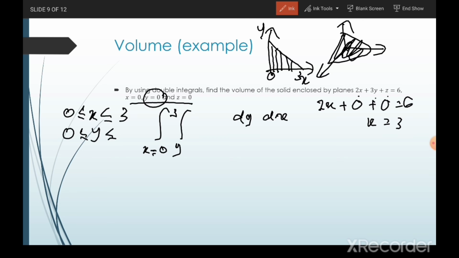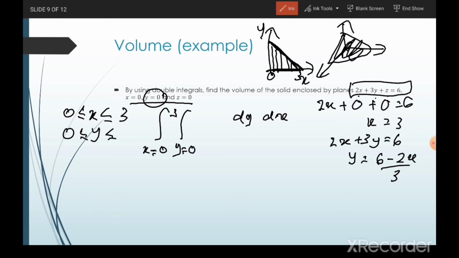So the interval for y is between y equal to 0 and the line here. Or you can use the formula and the equation there: 2x plus 3y, z we set to 0 because it's 2 dimension. Then you get y equal to 6 minus 2x divided by 3. Then you include this equation into the interval for y.